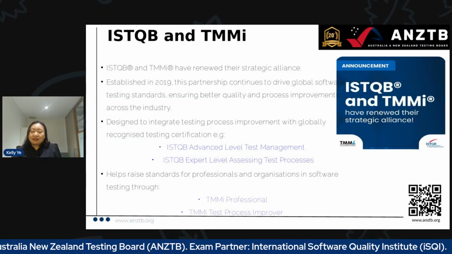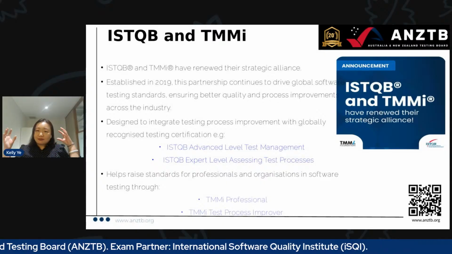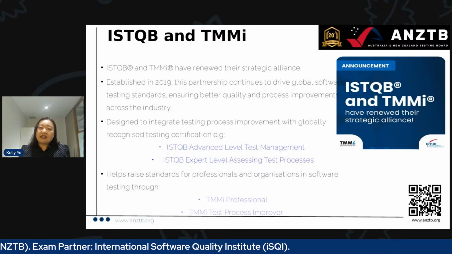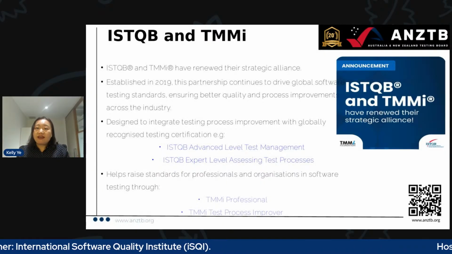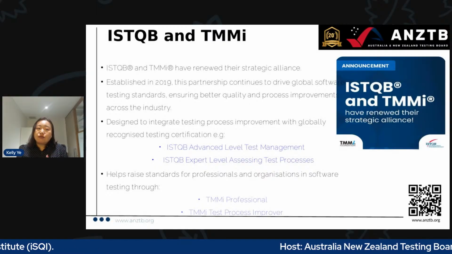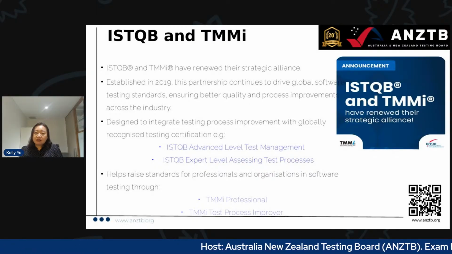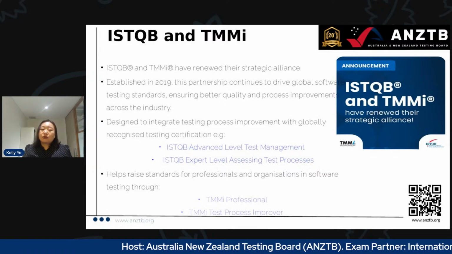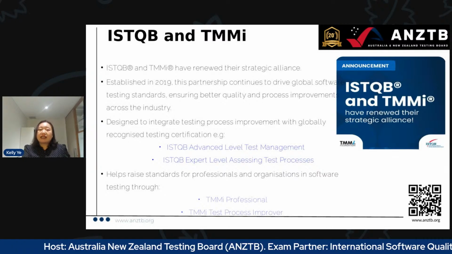So look, this is a very good way to combine the 2 organizations together and make them strong again. ISTQB and TMMi renewed their strategic alignment last year, which was originally established in 2019.